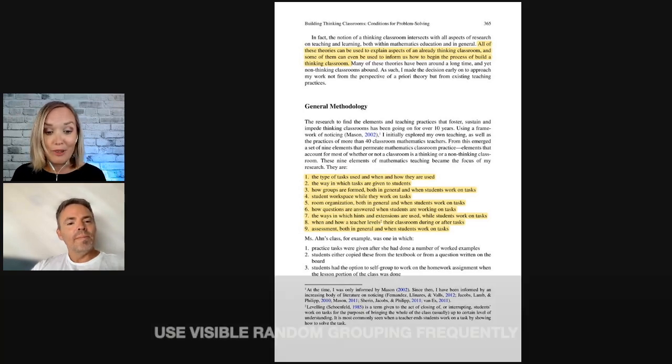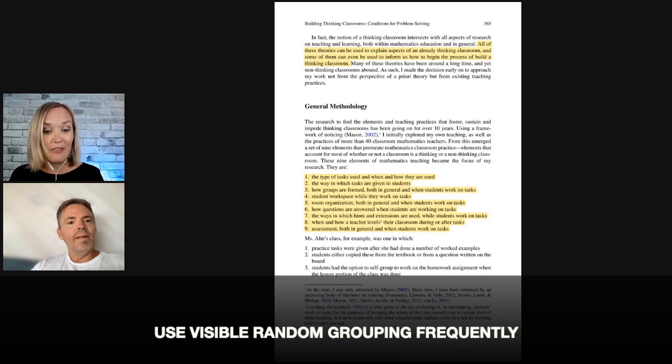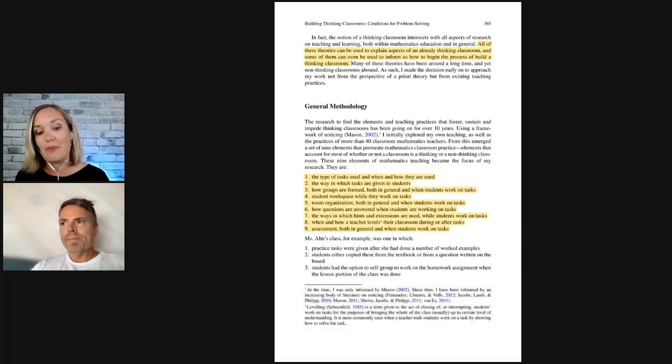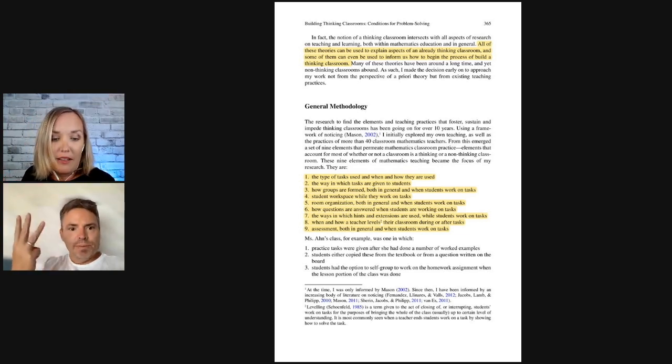So what people should be doing is visible random grouping, and frequent visible random grouping. What that means is you're grouping kids based on randomness. You're not picking the smartest kid to help out some other kids. They can see that it's random. All right.